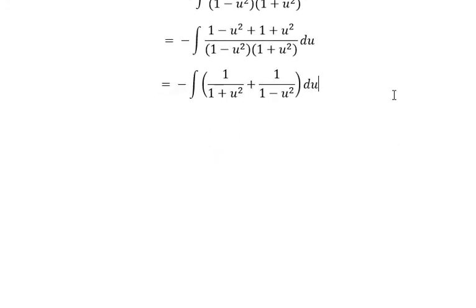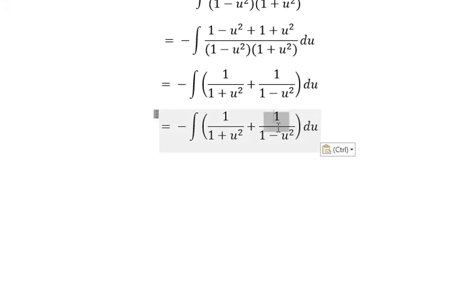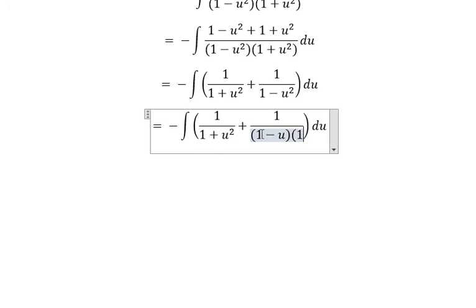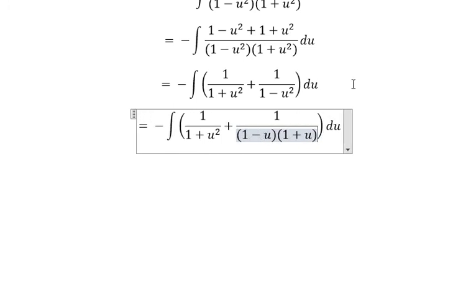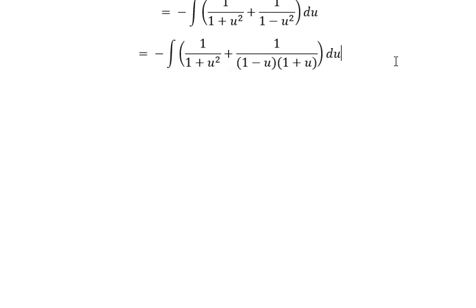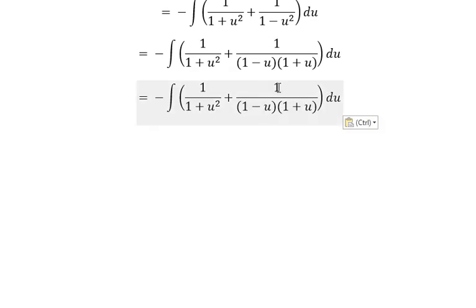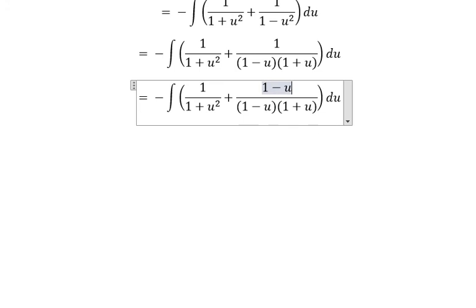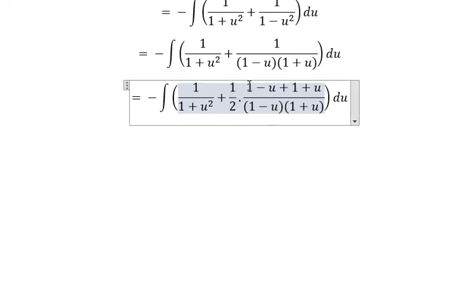Next, in here we can separate them into 1 minus u multiplied with 1 plus u. On numerator we have 1 minus u plus 1 plus u. 1 plus 1 is 2, so in here we need to put 1 over 2. Negative u and u they cancel together.